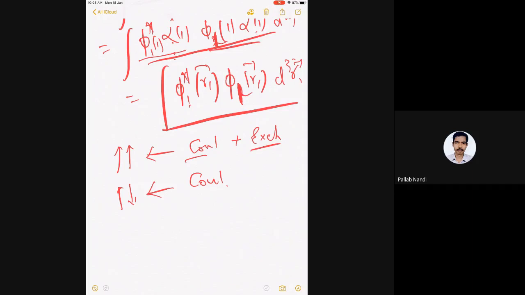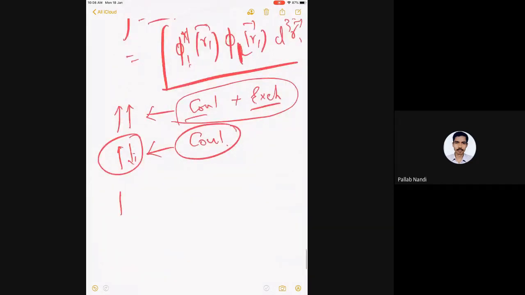After integration of spin, in the probability, what turns out in terms of space orbitals is that both Coulomb and exchange survive. For the anti-parallel spin, only Coulomb survives, because exchange comes out of that antisymmetric part where the spins are different, and the spins become orthogonal to each other, so it becomes 0. Is it clear? The physical effect.